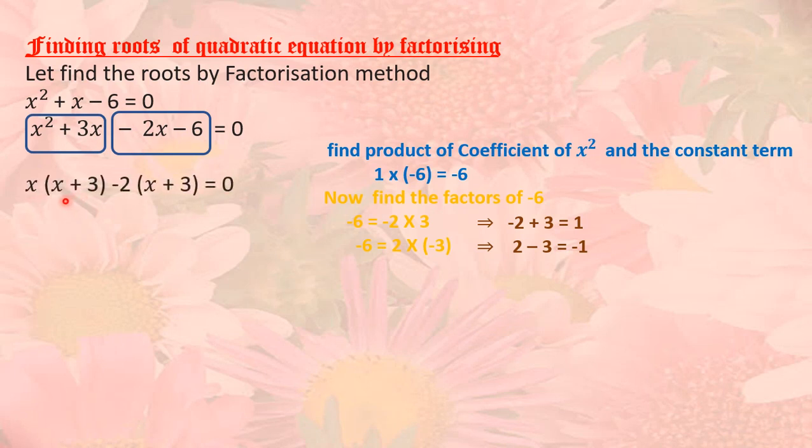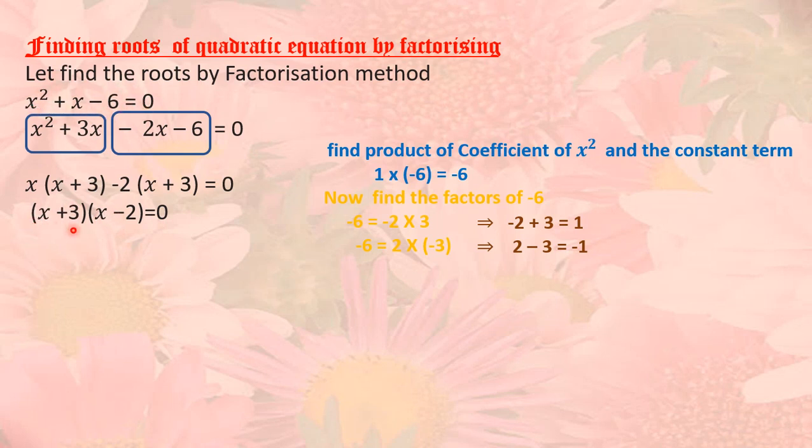Here again we observe that x plus 3 is present in both the terms. That means x plus 3 is the common term, so we take out x plus 3 as common. The rest of the quantities are x from the first term and minus 2 from the second term. So we can write x plus 3 into x minus 2 is equal to 0. Now these are the factors of the quadratic equation.